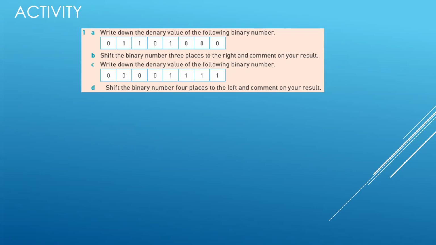You can self-correct your answers, whether they are correct or not. Yes, are we all done?